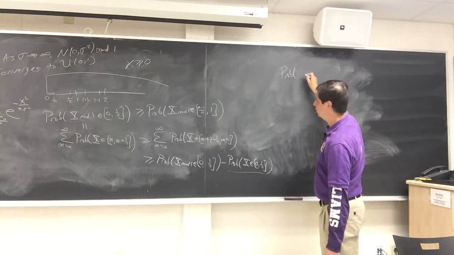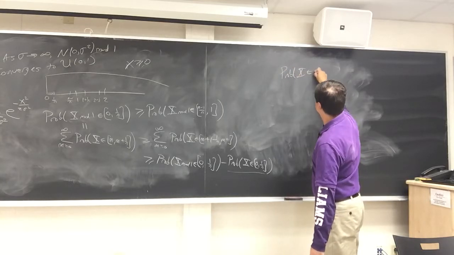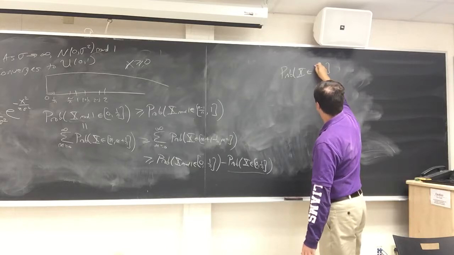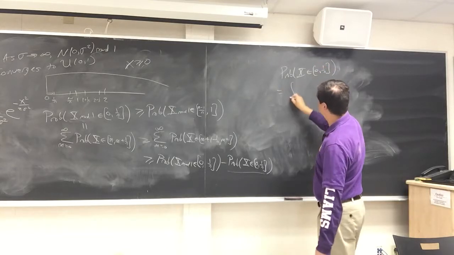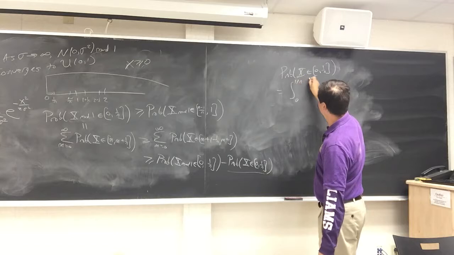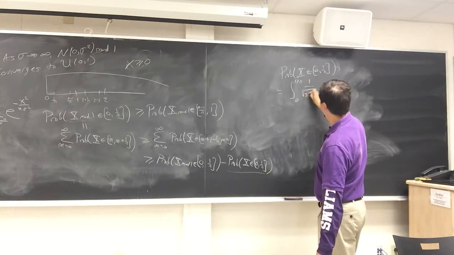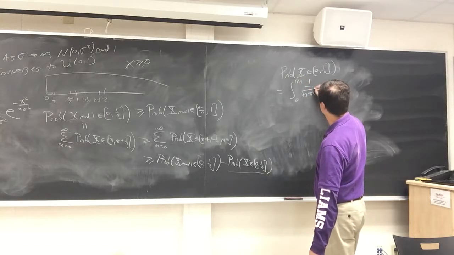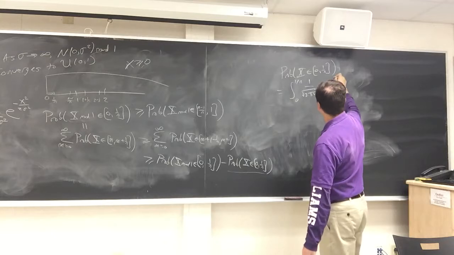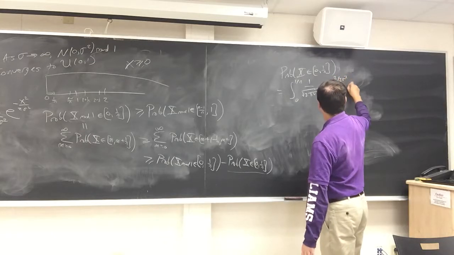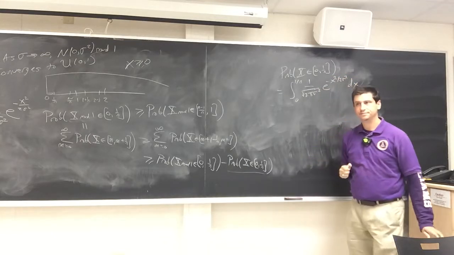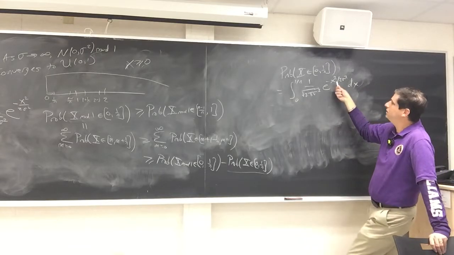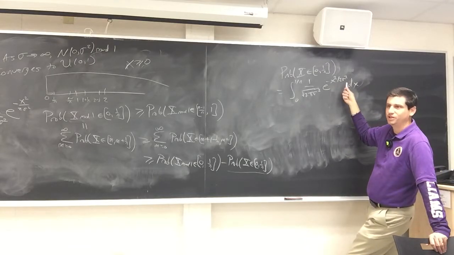Yeah, the probability x is in 0, 1 over n is just the integral from 0 to 1 over n of 1 over square root of 2 pi sigma squared e to the negative x squared over 2 sigma squared dx. x is really, really small, and sigma is really, really large.